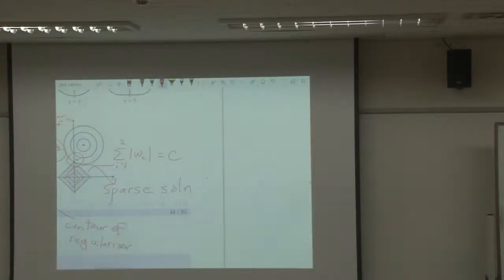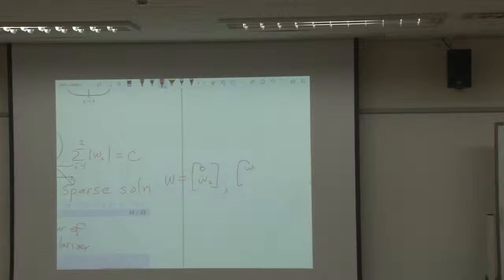What is a sparse solution? If W is high dimension, it's either going to be 0 W2 or W1 0, or it's going to be in this type of form. So if W is high dimension in general, you're going to get something like this: 0 0 0 0, and then you're going to get some value, and then 0 0 0, which is sparse.